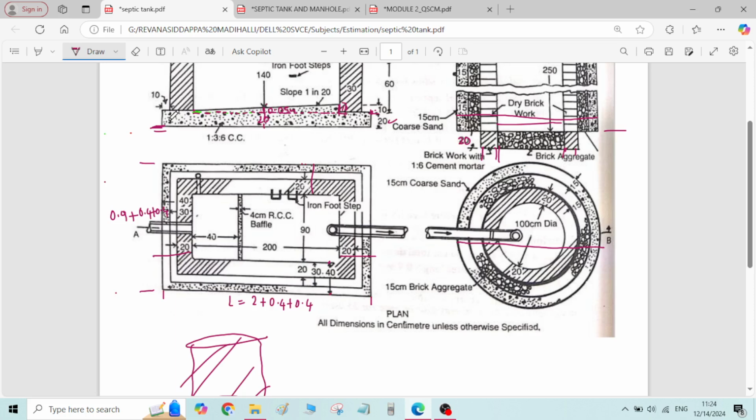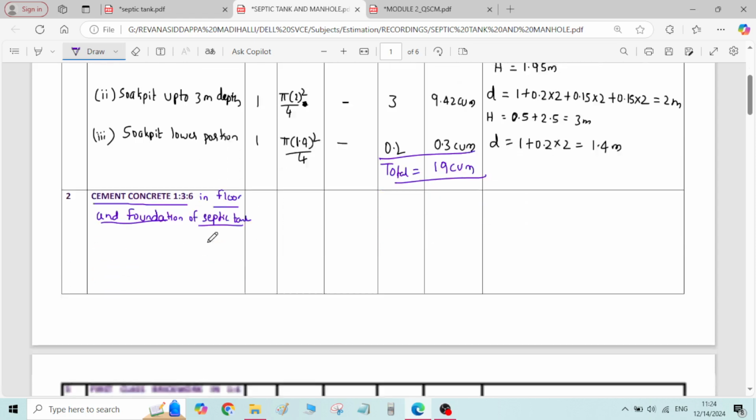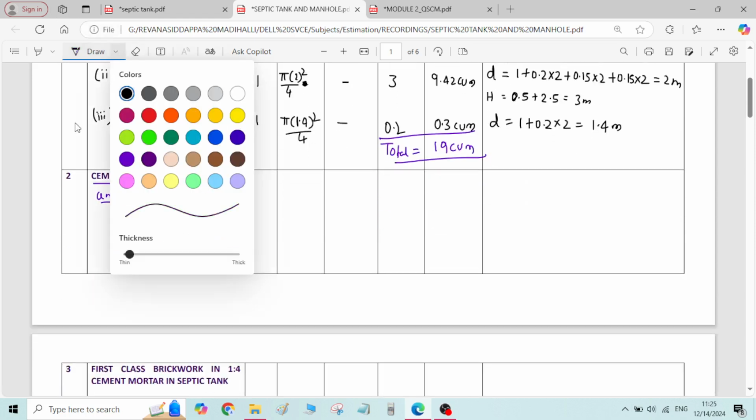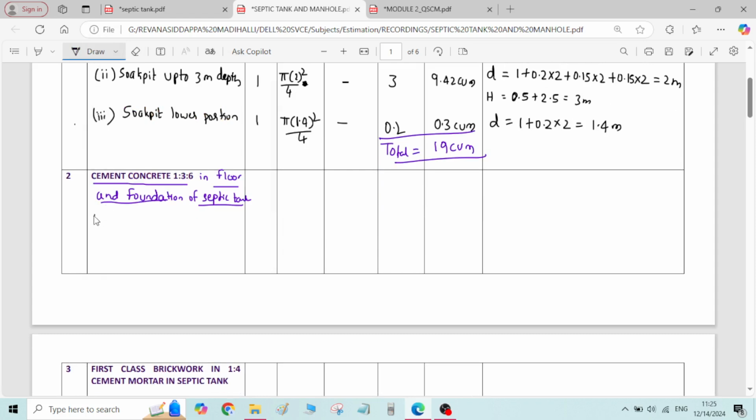Now initially we will calculate the total quantity of the rectangular portion. First one, floor and foundation. Number is 1.